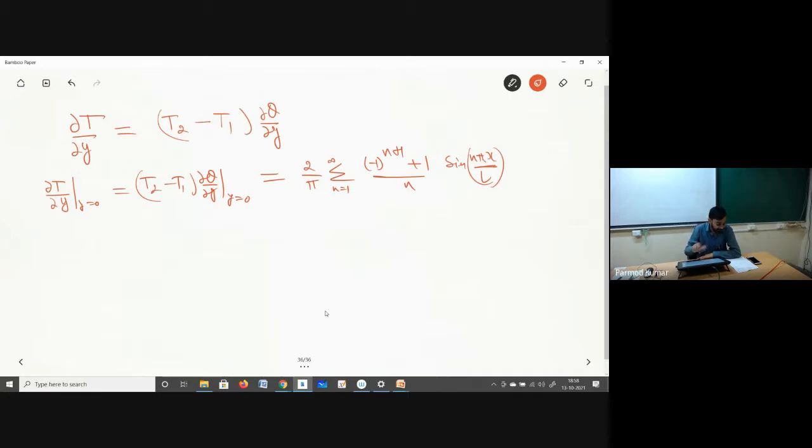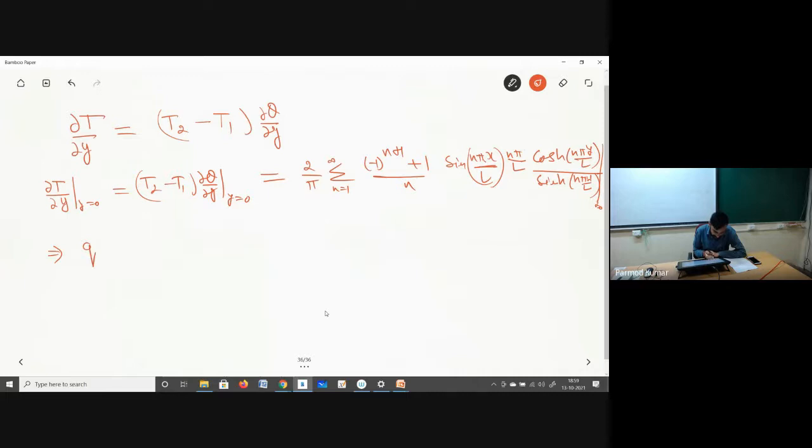Because we are differentiating with y only. So the other terms will remain constant. So this n pi by L into cos hyperbolic n pi y by L divided by sine hyperbolic n pi w by L was a constant term, so it will remain as it is, and this entire term we are calculating at y equal to 0. Correct?